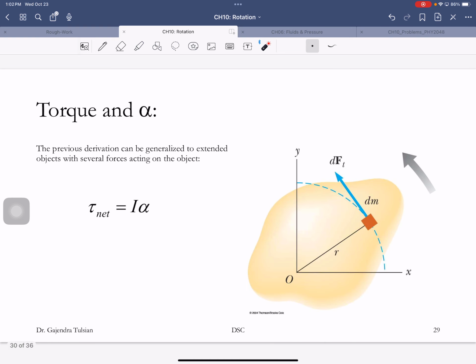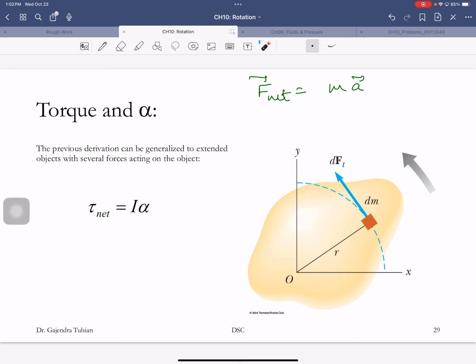Okay. So then, here was Newton's second law when the mass does not change. When several forces are acting on an object, the net force acting on the object is mass times the acceleration of the object. Similarly, when several torques are acting, you just add up all the torques, and the net torque is I times alpha.